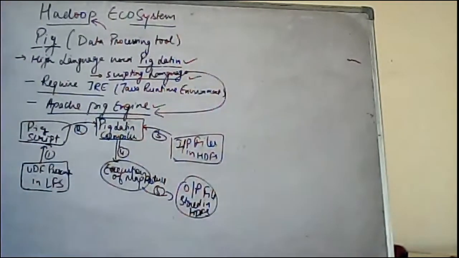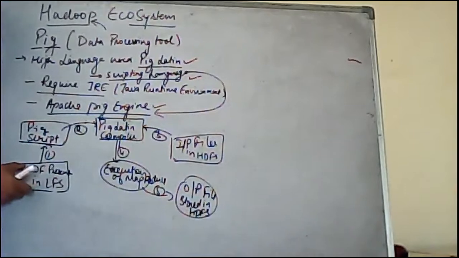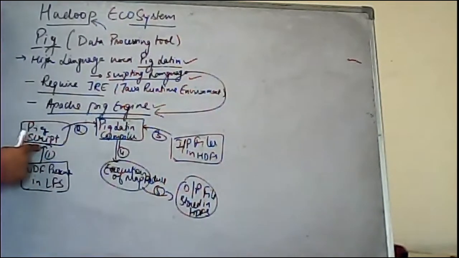This user-defined function will be converted to your pig script. The script values are collected from your user-defined function. This is your first step. From a user-defined function of your local file system, the pig scripts are accepted.